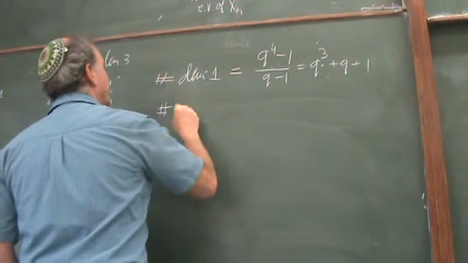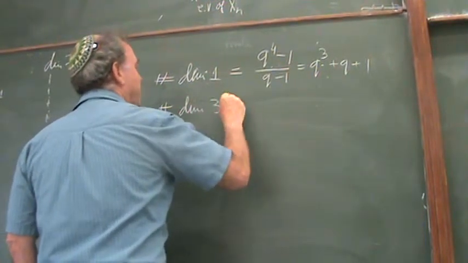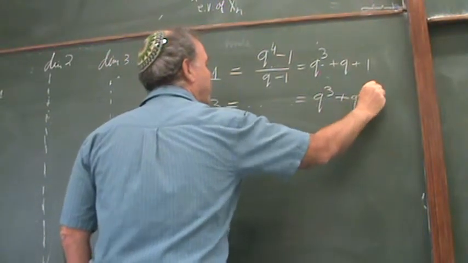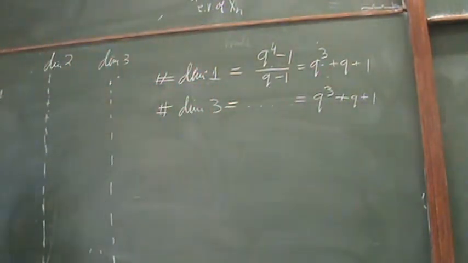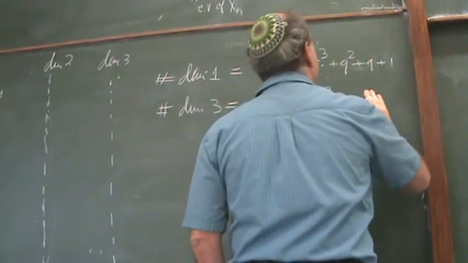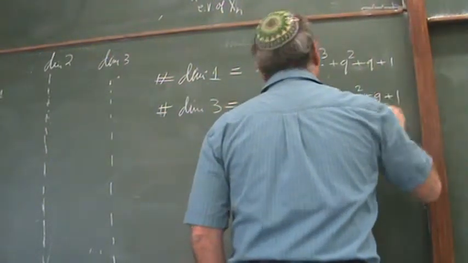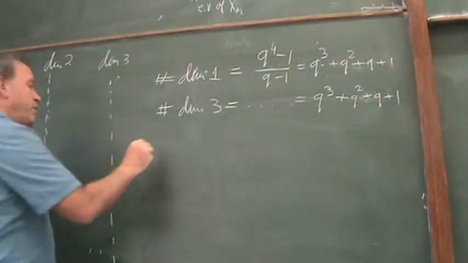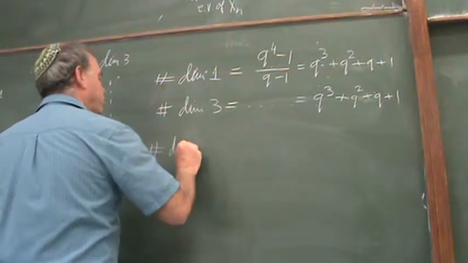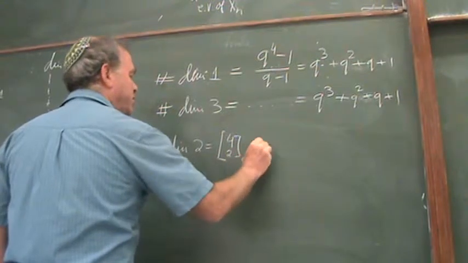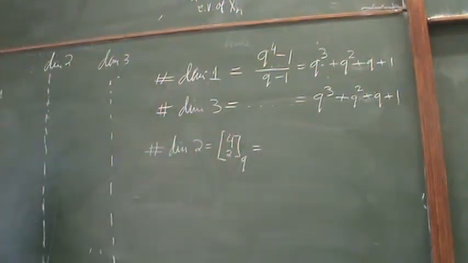The number of dimension 3 is the same, right? By duality, we don't even have to compute. But now let's see the number of dimension 2, which is what we called before the Gaussian binomial 4 over 2 in q, and this is just an example of how to compute it, and you can easily generalize it.